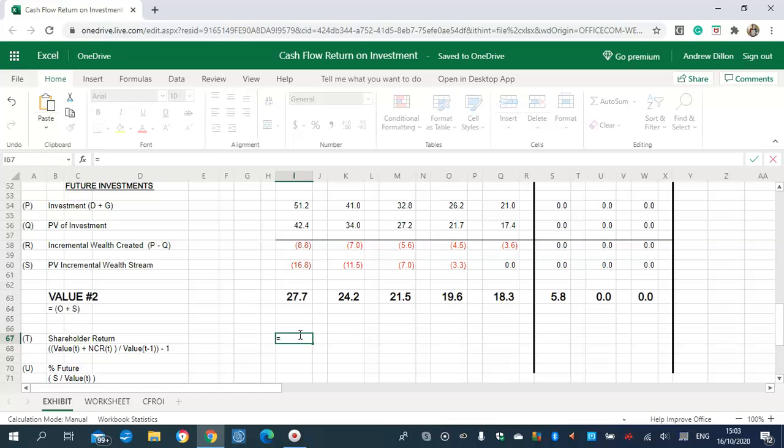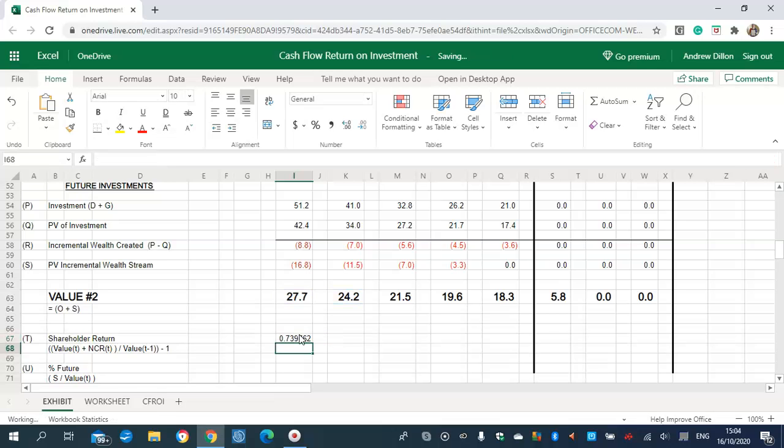It starts off with an equals, bracket K63 plus K30, divided by I63, minus 1.